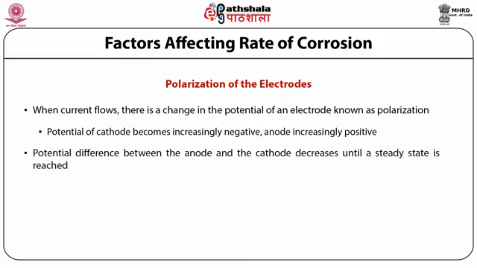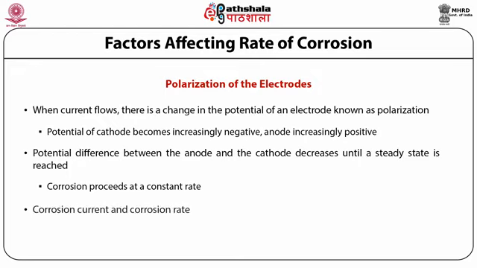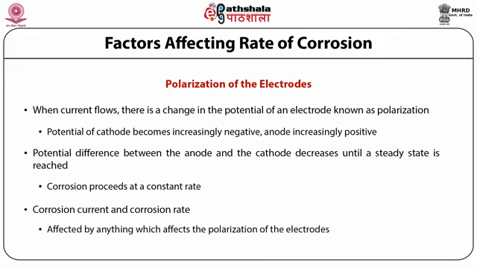Consequently, the potential difference between the anode and the cathode decreases until a steady state is reached, when corrosion proceeds at a constant rate. Thus, the corrosion current and therefore the corrosion rate will be affected by anything which affects the polarization of the electrodes.